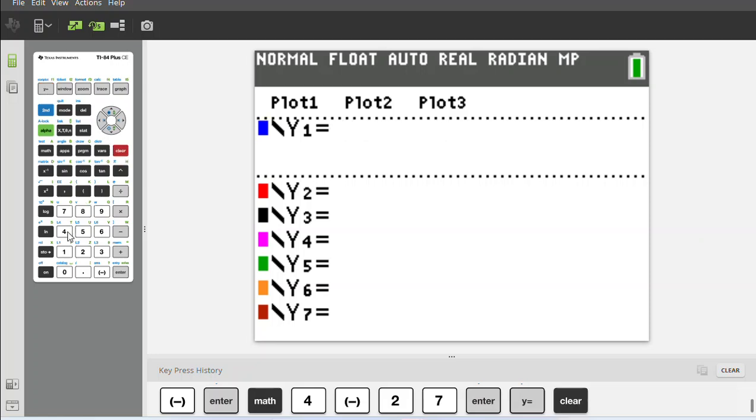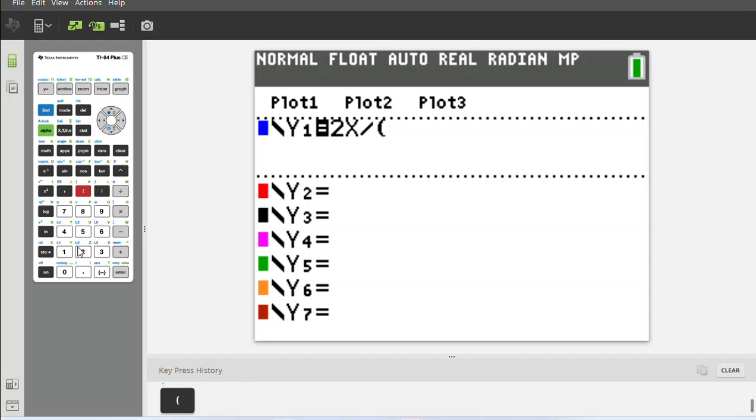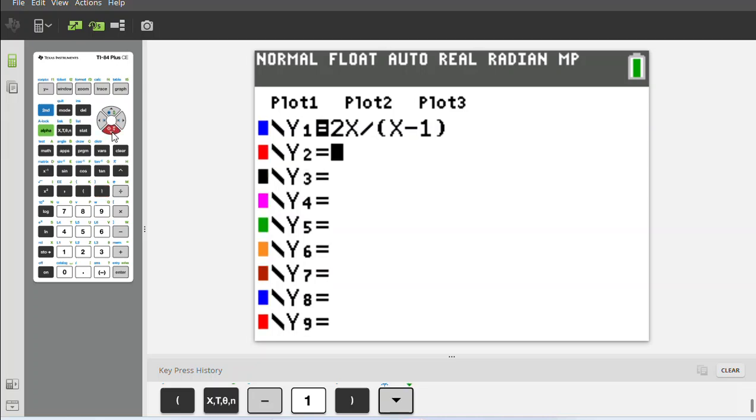I'm going to do x, of course, instead of k, so it's going to be 2x over k minus 1, x minus 1. Okay, and actually, you know what? I'm going to need another set of parentheses down here around that 2k.